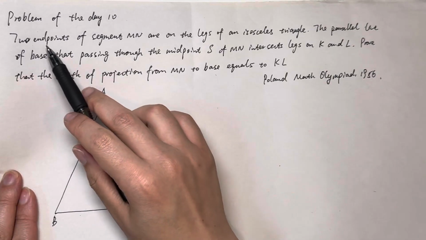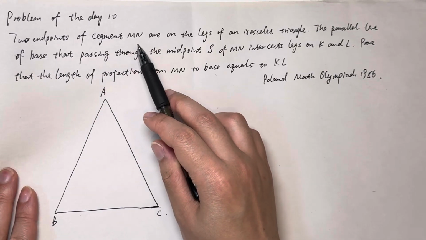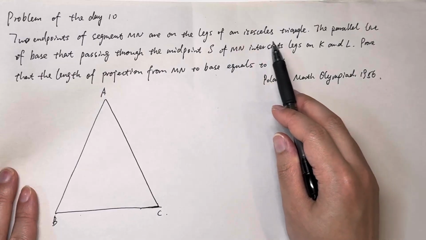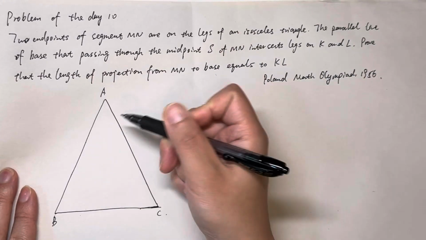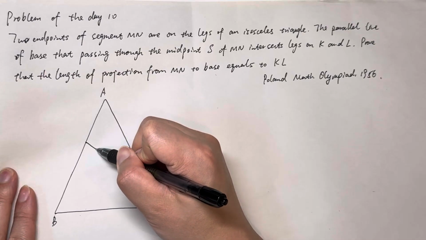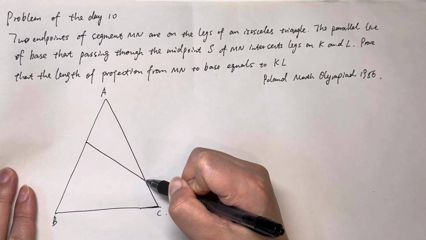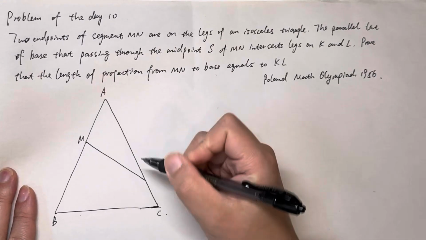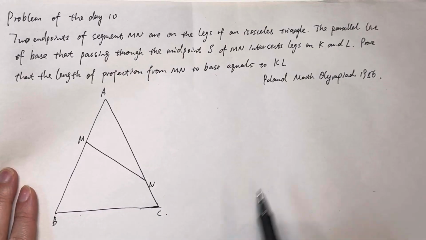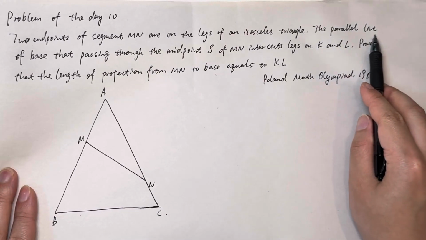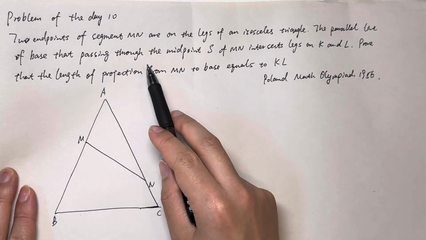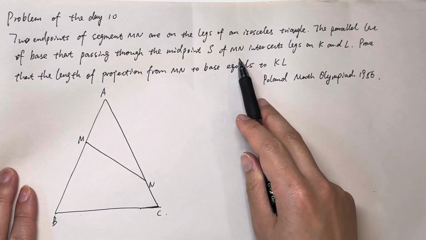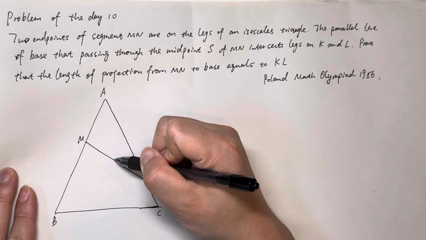And we know that two endpoints of segment MN are on the legs of the isosceles triangle. So let's draw MN, and the parallel line of the base, which is BC, that passes through the midpoint S of MN.